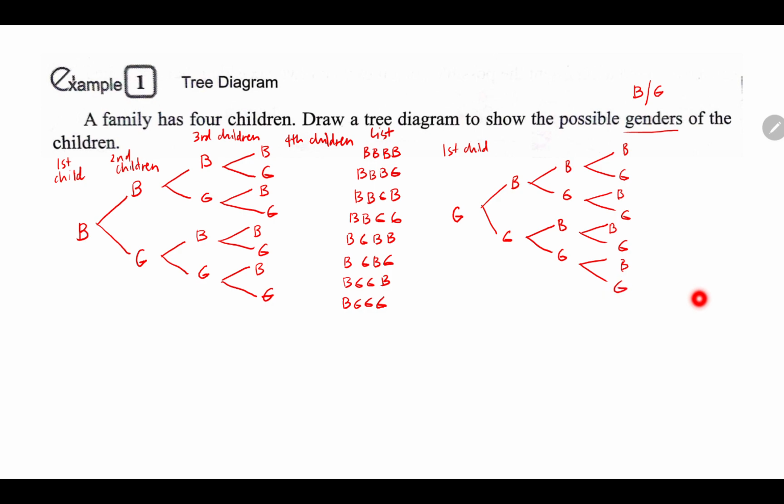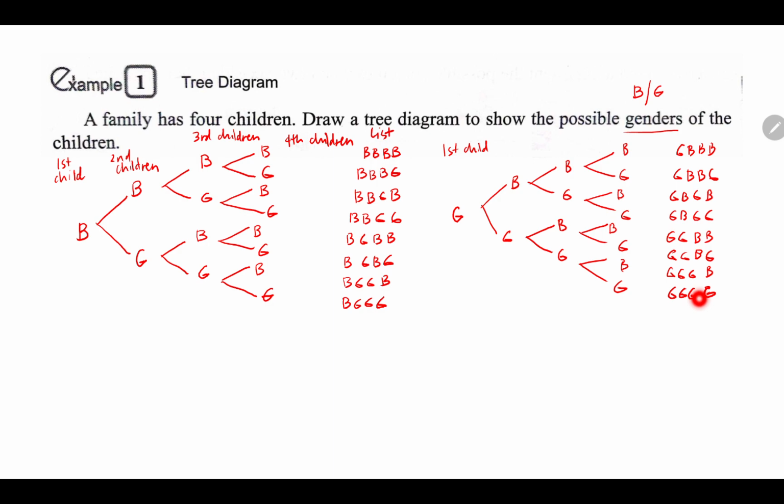If we are going to list again the possible genders, we have girl, boy, boy, boy; girl, boy, boy, girl; girl, boy, girl, boy; girl, boy, girl, girl; girl, girl, boy, boy; girl, girl, boy, girl; girl, girl, girl, boy; and then we have 4 girls.